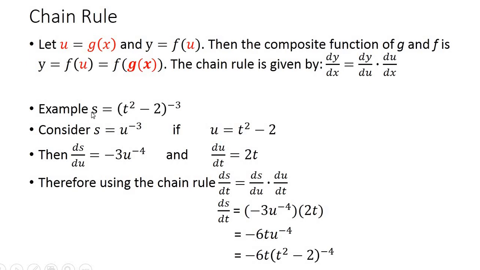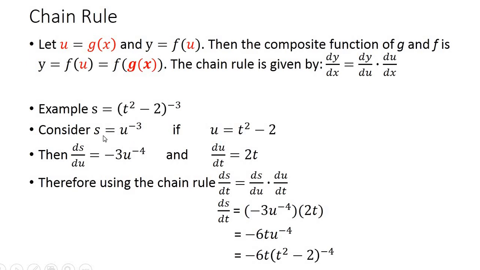For example, if we have got s is equal to t squared minus 2, everything raised to the power minus 3. You can apply the chain rule because this is a function on another function, which is the exponent. It's a polynomial under an exponent.